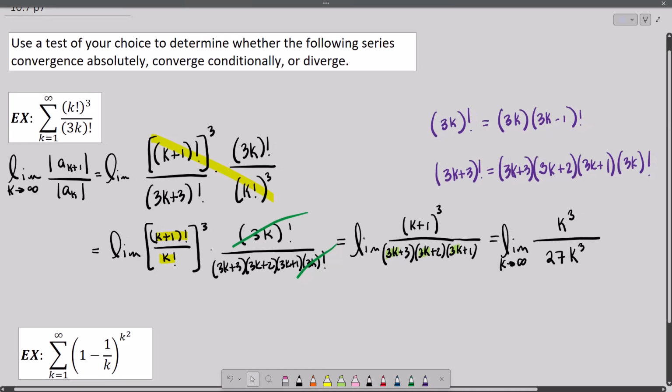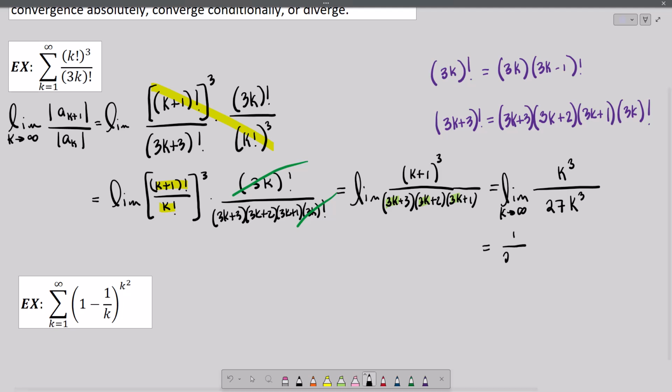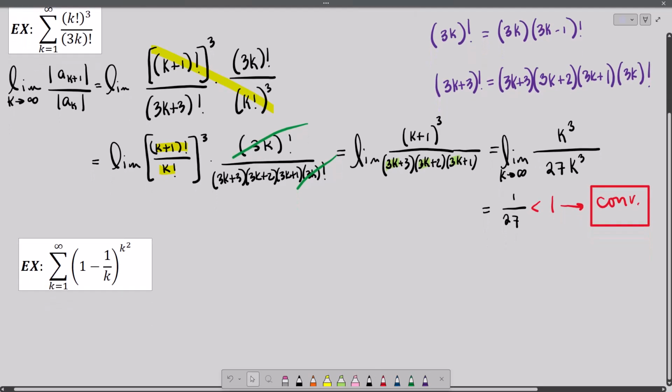And what is this limit? 1 over 27, which is less than 1, which tells us converge or diverge? Converge. Make sense? So it's going to converge.